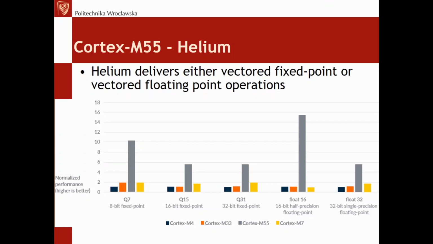Yeah, but what would you say about making the performance multiple times faster? Naturally, it's only about the calculations. It all results from the SIMD of the Helium SIMD configuration, so the parallel operations on data.